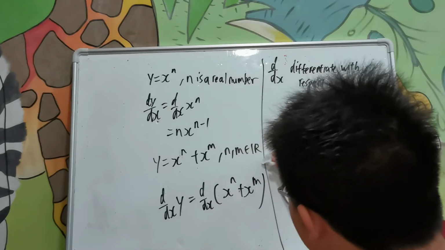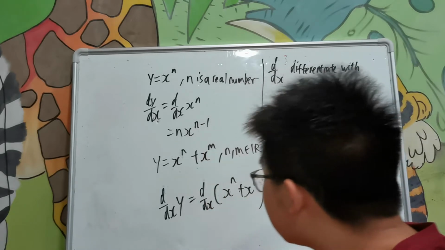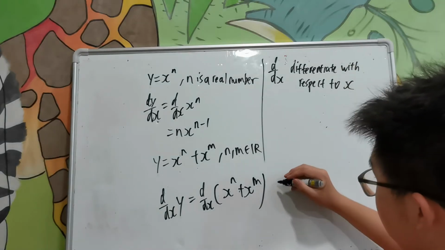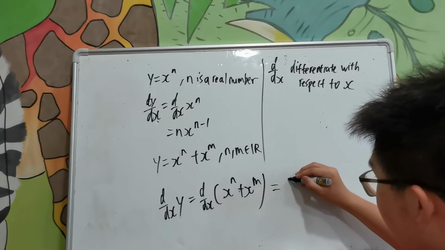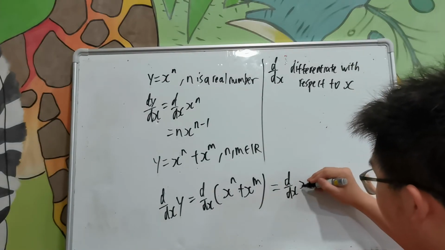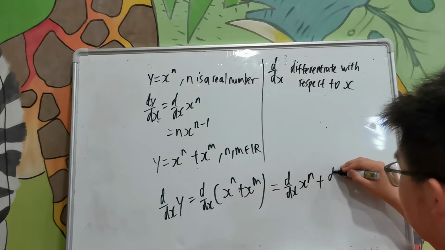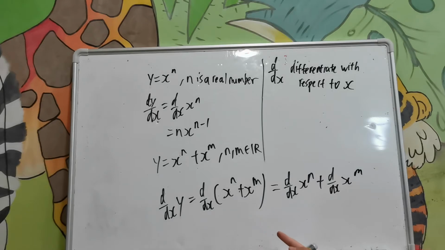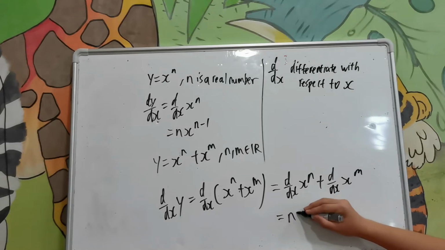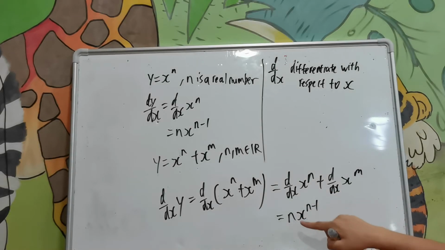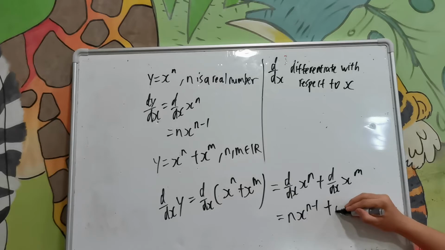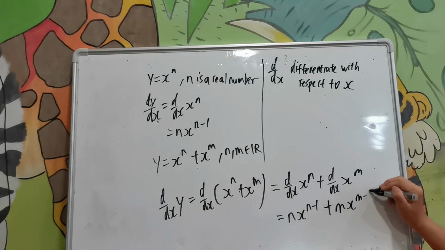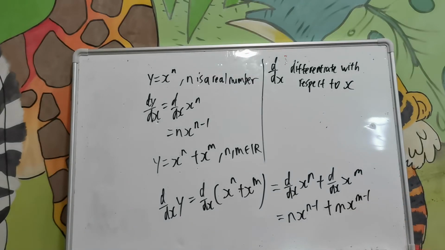And you realize that your d dx operation will distribute across the bracket. So you will have d dx of x power n plus d dx of x power m, and you can do it independently. This is a basic rule. So you get n times x power n minus 1 plus m times x power m minus 1. Does that make any sense?